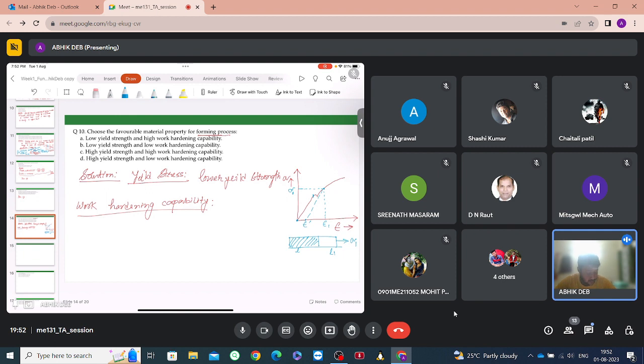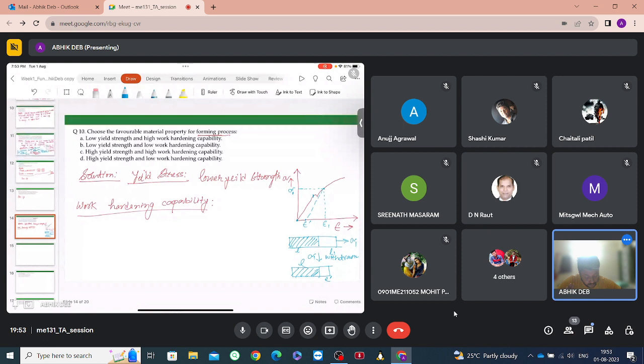Now after this is withdrawn, it will revert back partially, say to a length L dash, which will be less than L1. Okay, it will come to this point. Now what happens in the next? Now if we apply the load once again, what is the yield point defined as? Yield point is the point from which the deformation can start.